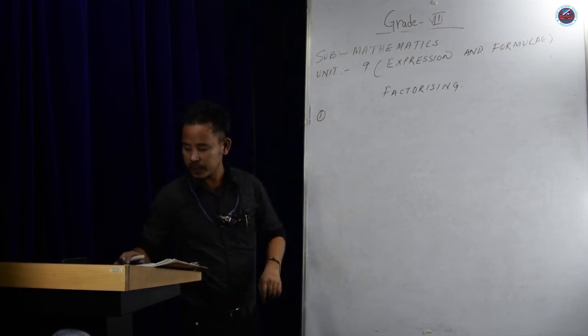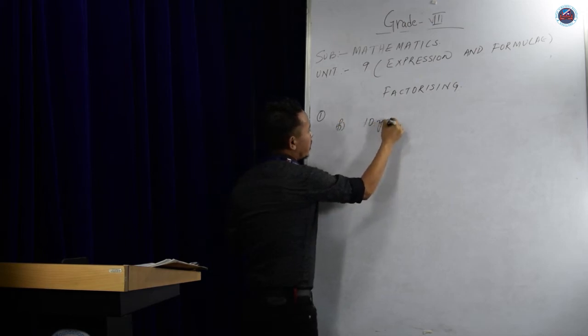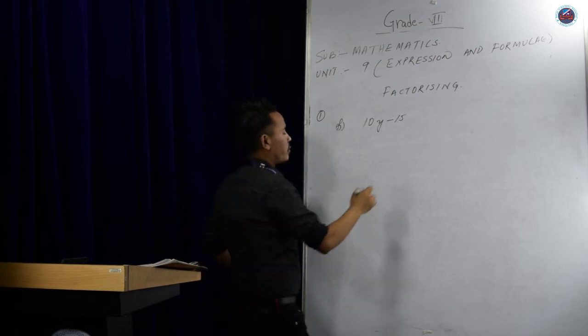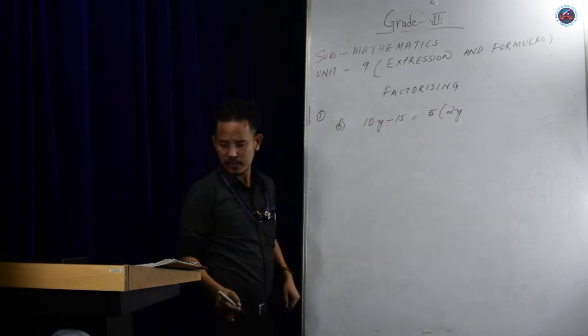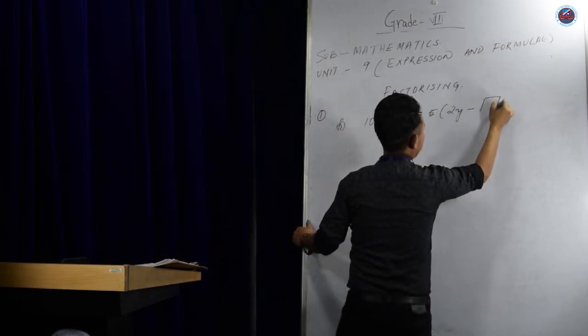Number 1, I'll be doing number B, that is 10y minus 15 equals 5 bracket 2y minus box.